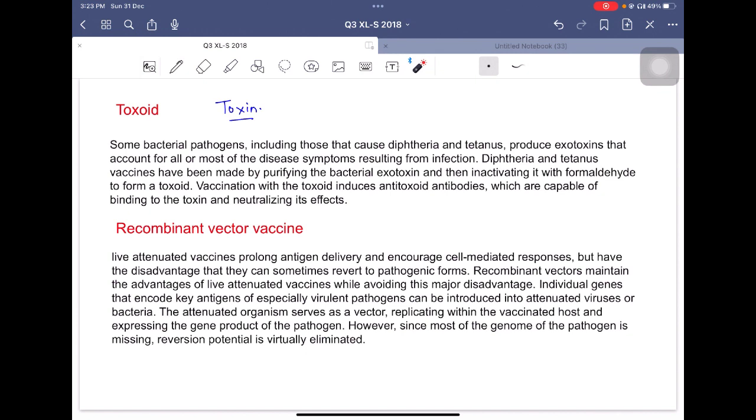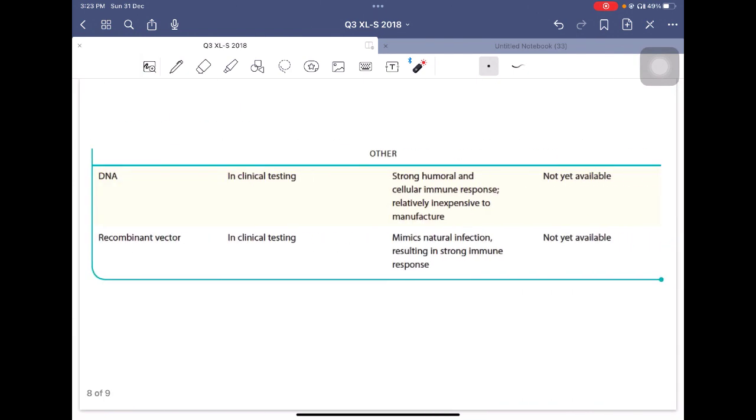Theoretically, it should not revert back to any virulent form because most of the genes of the pathogen are deleted. Only the gene that produces a key antigen is present in this recombinant vector. The advantage is that it mimics natural infection and results in a strong immune response. These vector vaccines are currently under development.